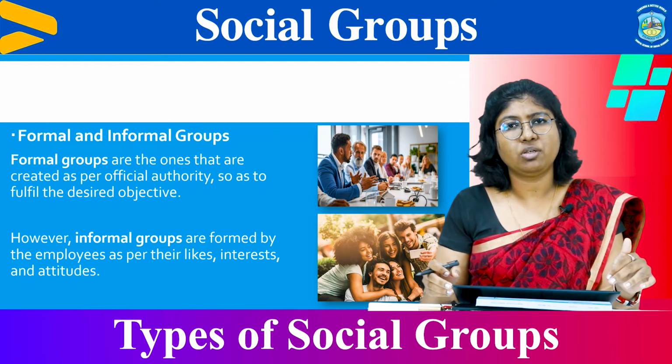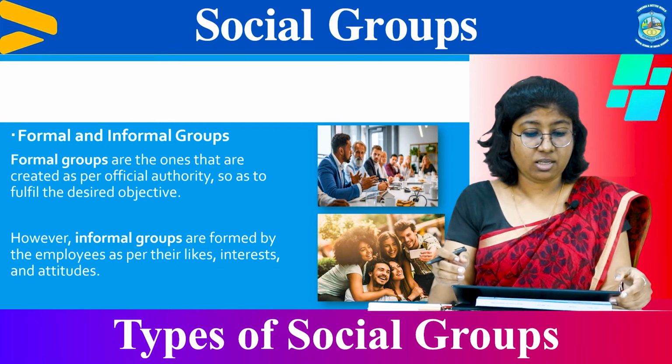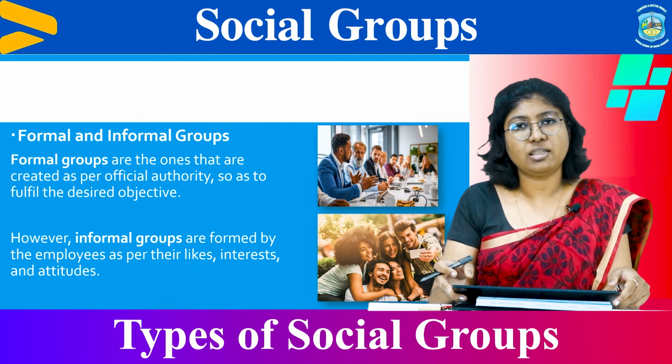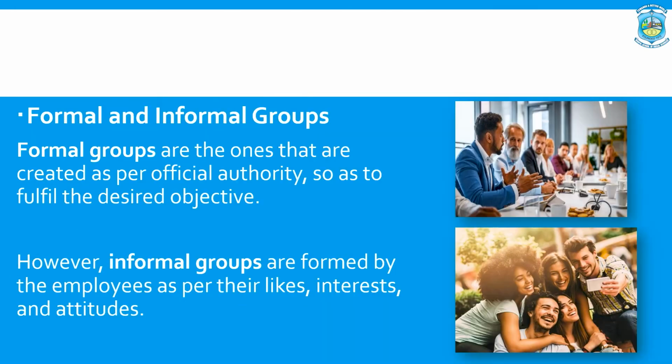Let's move forward with two more types of groups. They are the formal groups and the informal groups. When we are talking about formal groups or informal groups, the thing you should keep in mind is structure.